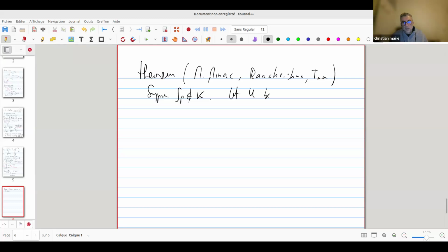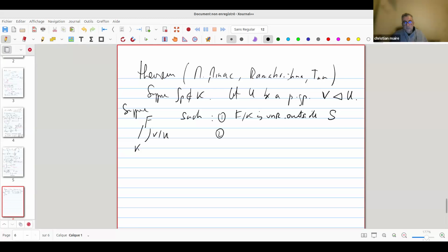Let U be a finite p-group, and V a normal subgroup of U. We also start with a Galois extension F over K, with Galois group U over V, such that F over K is unramified outside a set S of primes. Okay, so there's nothing to say.